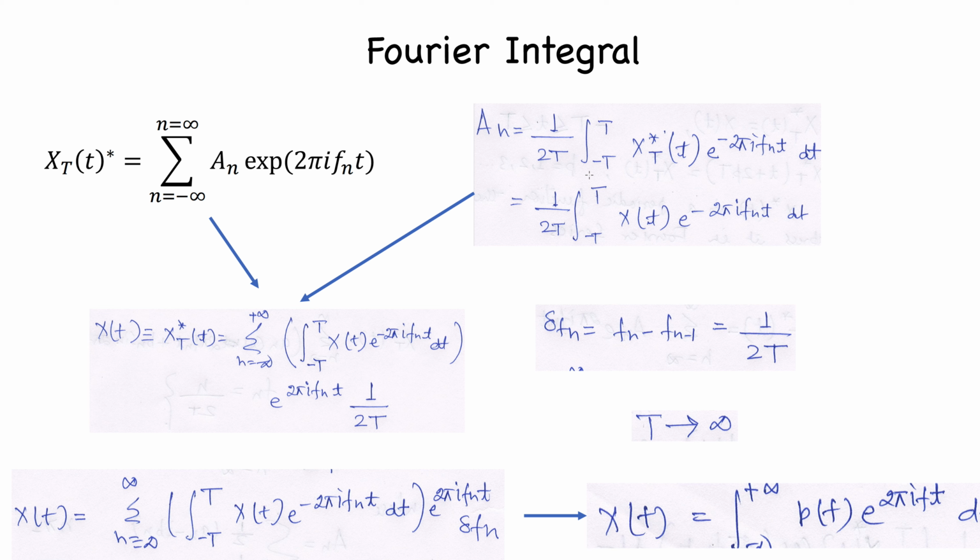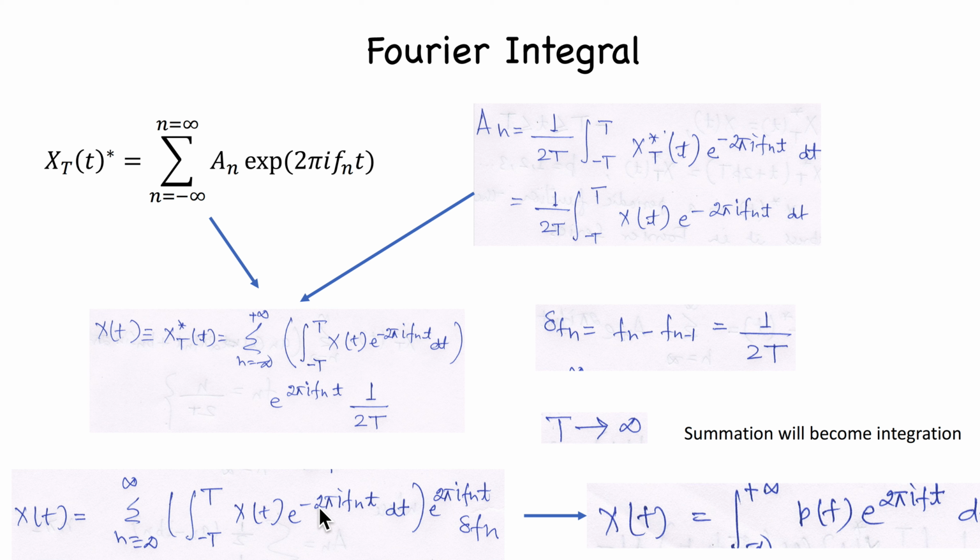So in place of 1 by 2T we can write delta fn, which is the frequency resolution. So delta fn is 1 by 2T, and essentially when T becomes infinity, the summation becomes integration. So the summation term on the left hand side becomes an integration, and we can write x t is equal to the integral from minus infinity to plus infinity of X f, in place of the inside term.